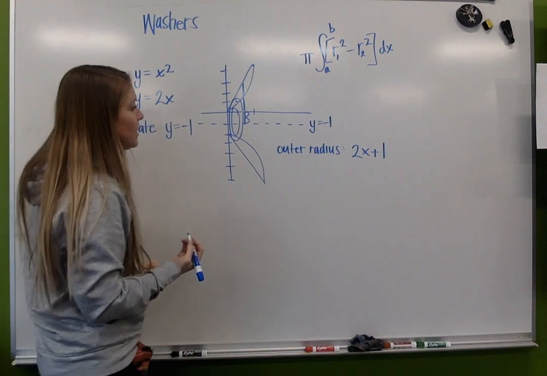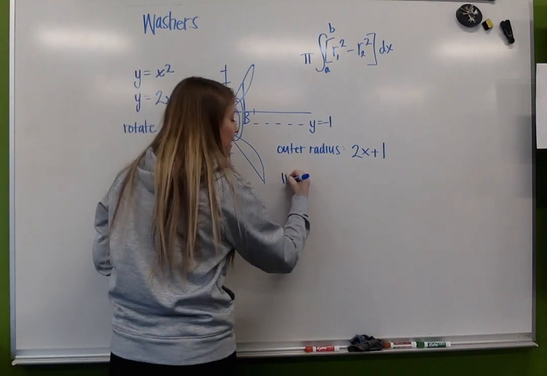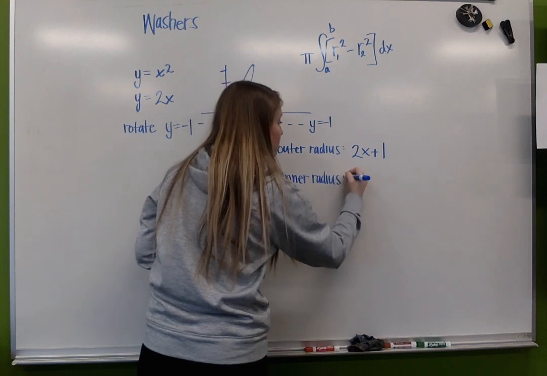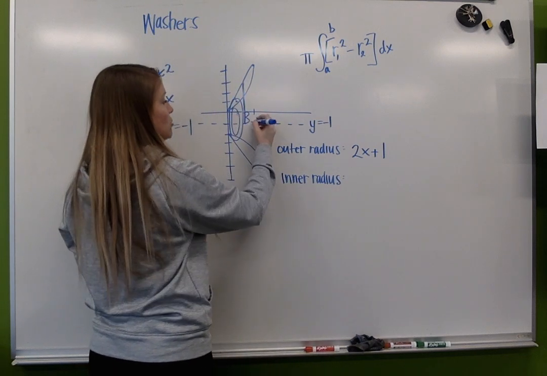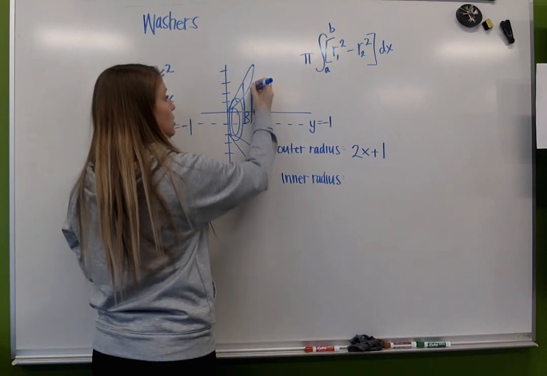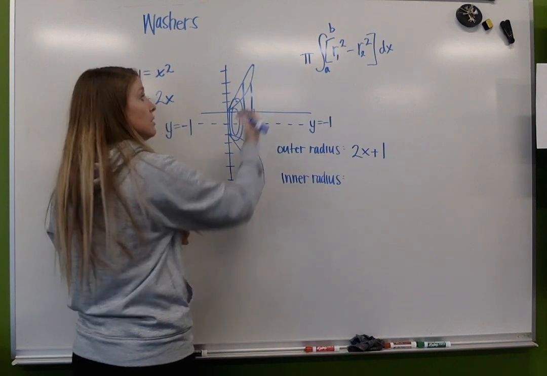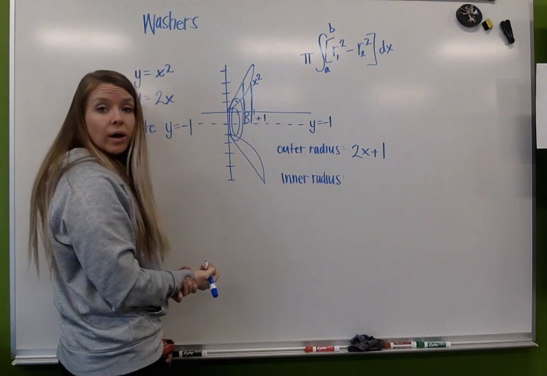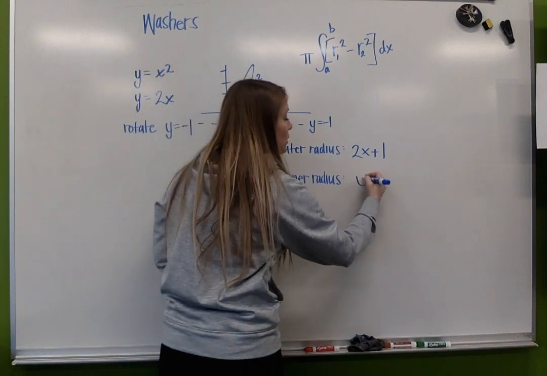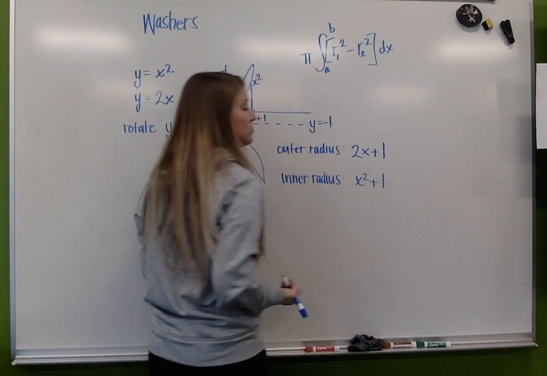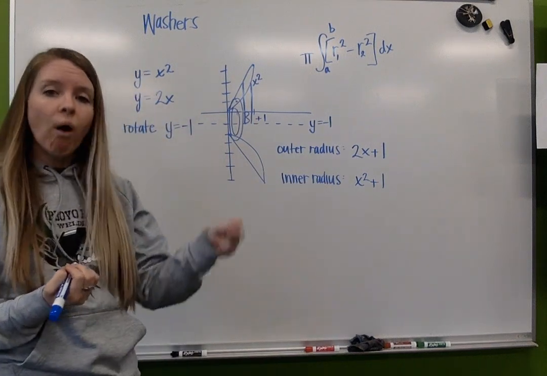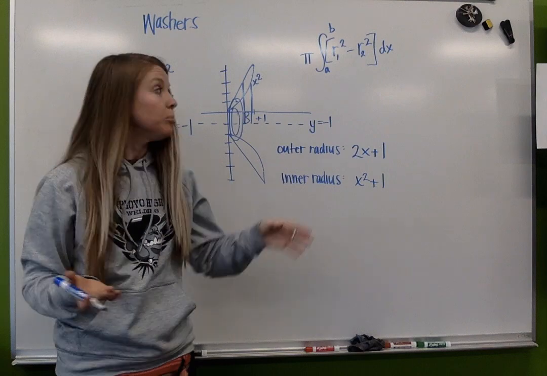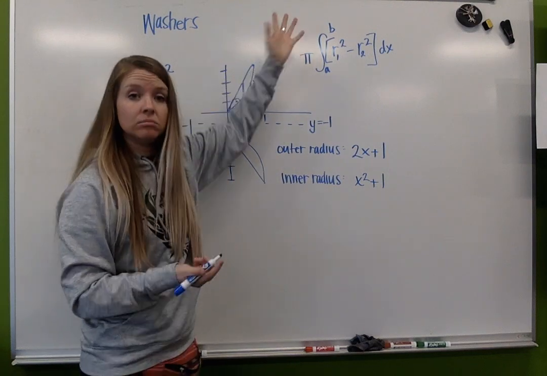All right? Same thing for my inner radius. If I draw from my line of rotation to my inner function, this is x squared plus 1. So, x squared plus 1. Once we know our radii, we just have to set up our integral.